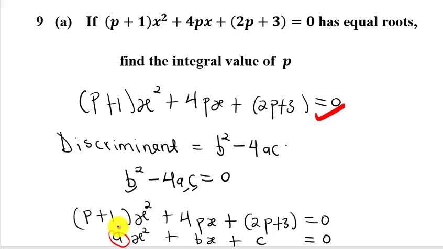So by comparing, a corresponds to p + 1. For the middle term bx, the coefficient of x is b, so it corresponds to 4p. And lastly, c, which is the constant, corresponds to whatever is left, and that is 2p + 3.